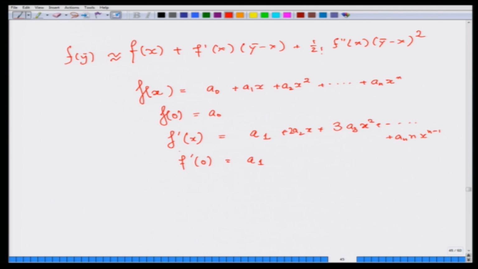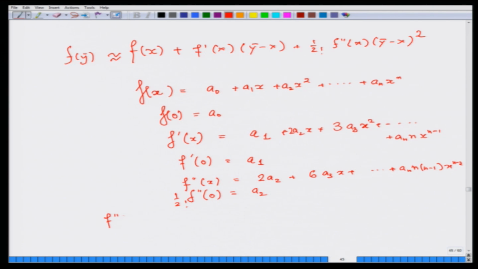Then I want to compute f double dash x. f double dash x here is 2 a2 plus 6 a3 x plus up to n into n minus 1 a n x to the n minus 2. So, f double dash 0 by 2, or 1 by factorial 2, I am just writing, you will soon see why, is a2.